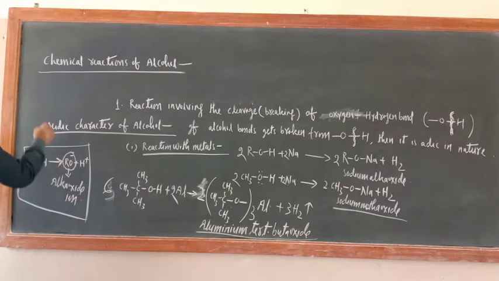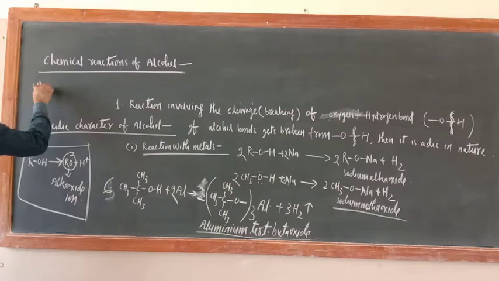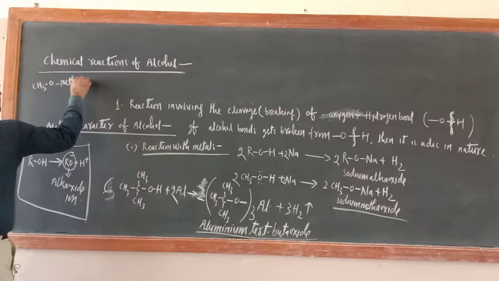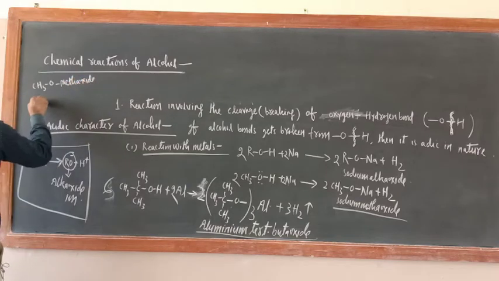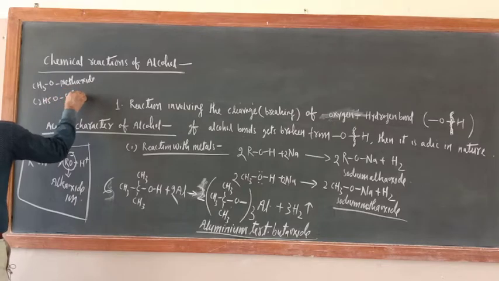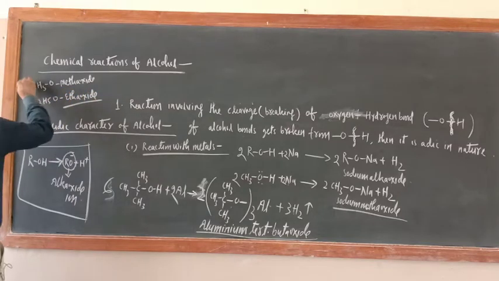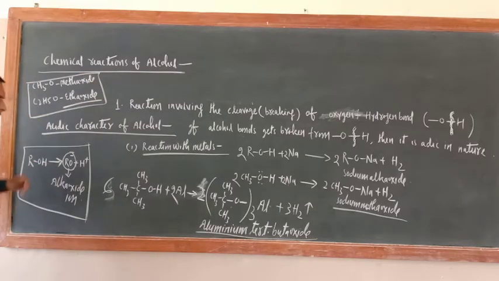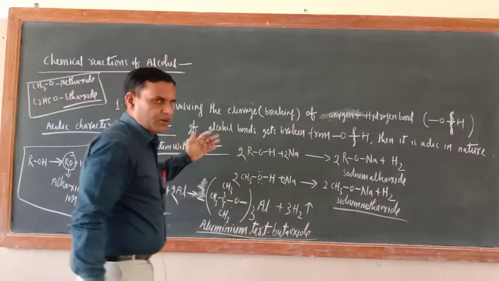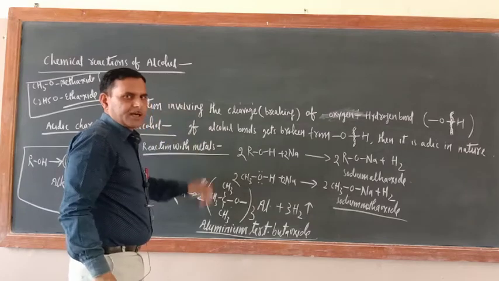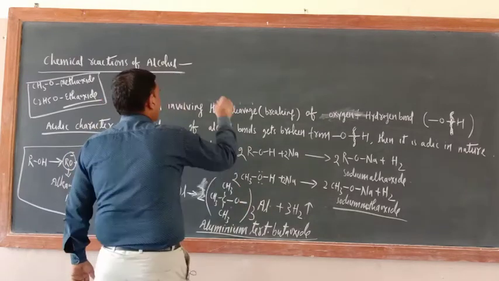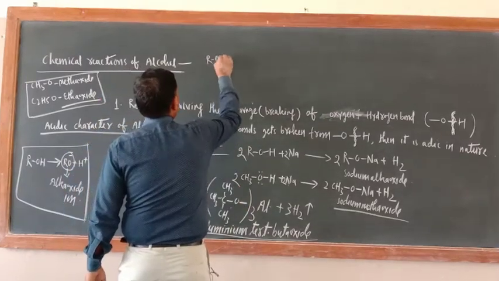Alkoxide. Individually, suppose CH3O is there, so this is methoxide. What is this one? Methoxide. C2H5O, what is the name of this one? Ethoxide. Like that. Okay, so why am I telling this? Because the aspect which I am now going to touch is related to the alkoxide.